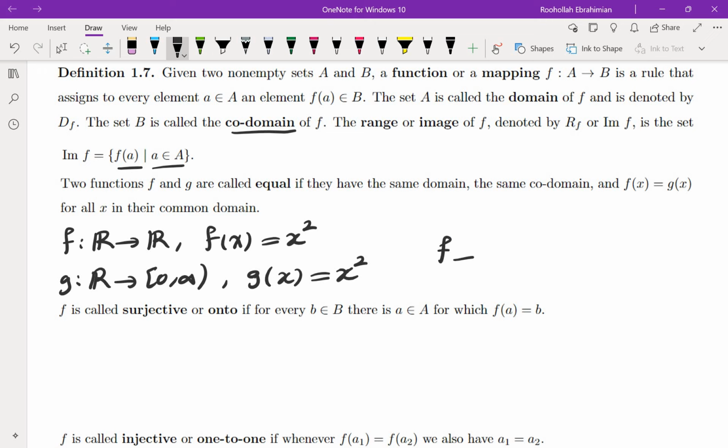So these two functions are actually not the same functions. But pretty much everything else about these two is the same. The domain is the same, the rule is the same, but the codomains are not the same.